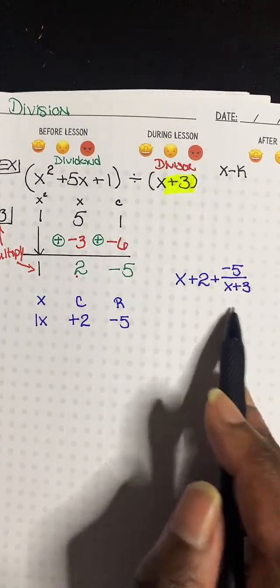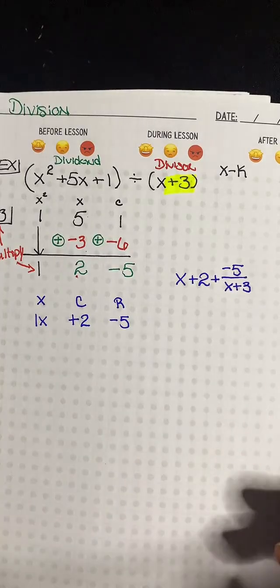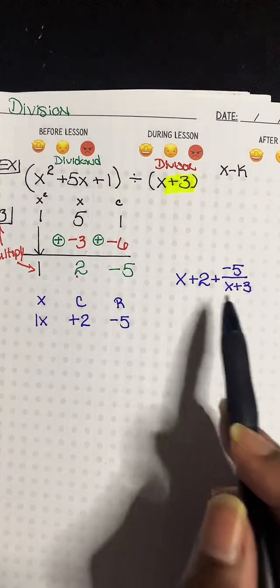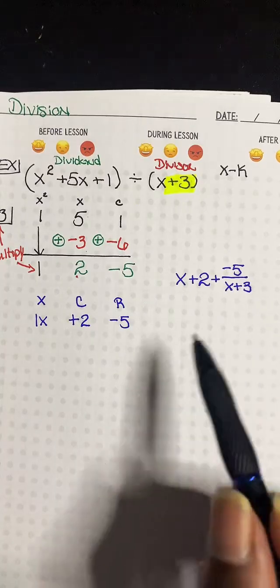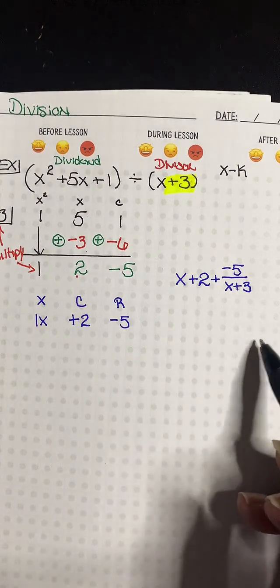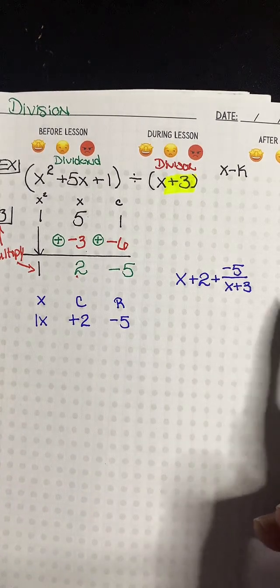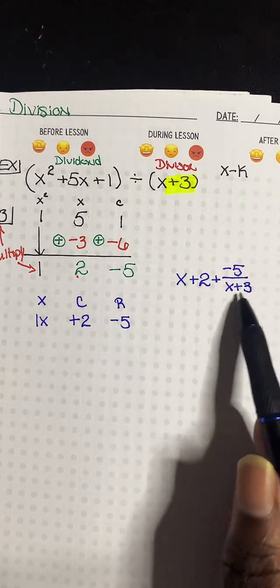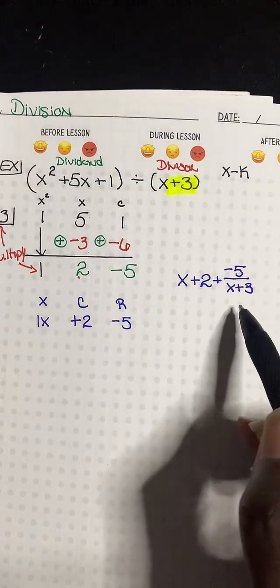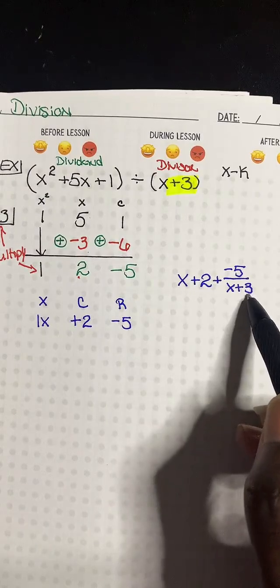It's almost like if you were writing a check. I don't know how many of you guys are still writing checks, but that's what it reminds me of. If I'm writing the dollars part, I always write the dollars in words. And then if there's any change remaining, I always put it over what I divided by, which was the 100. So the same thing is happening here.